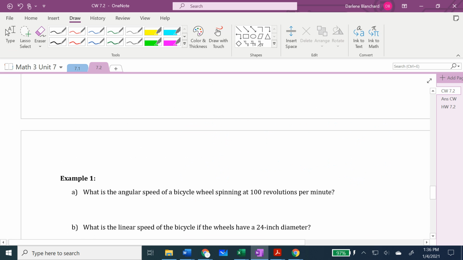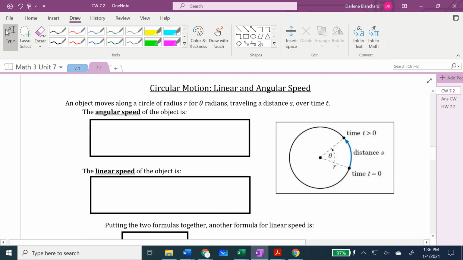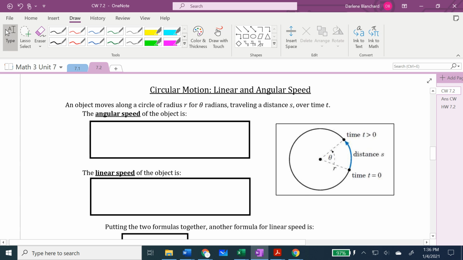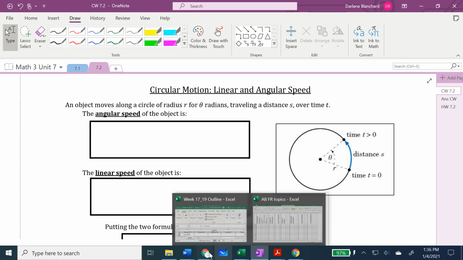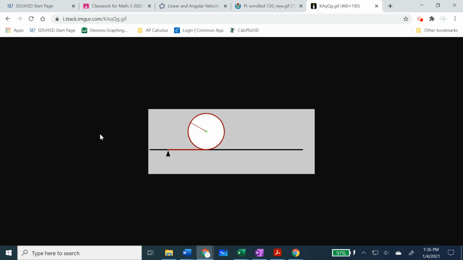Now, let's go back up and talk about linear speed, because you want to understand that linear speed is just looking at, say, the speed of your car. So I want to go back over to these. Linear speed is how quickly are you moving horizontally while you are turning.